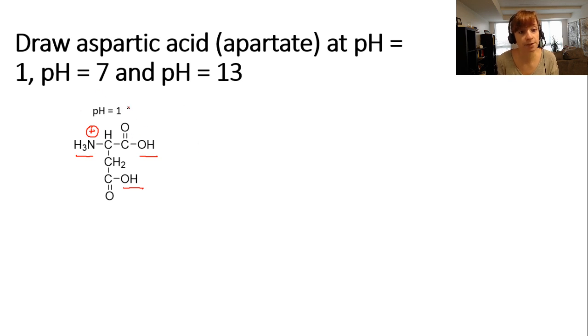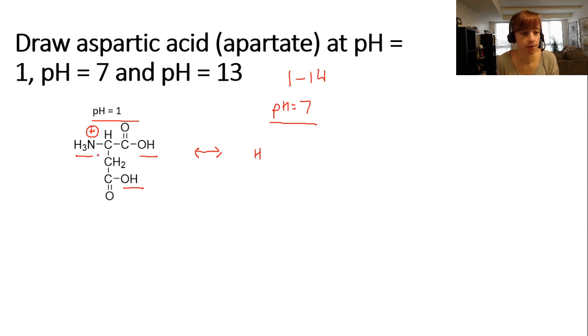So pH 7 is neutral pH, because don't forget the scale goes from 1 to 14, so 7 is in the middle. So I'm just going to draw a quick arrow like this. So at pH equals 7, I'm just going to draw out the structure. At neutral pH, we end up with the neutral molecule.